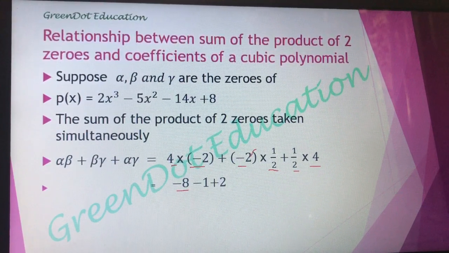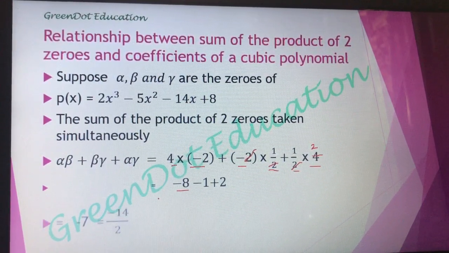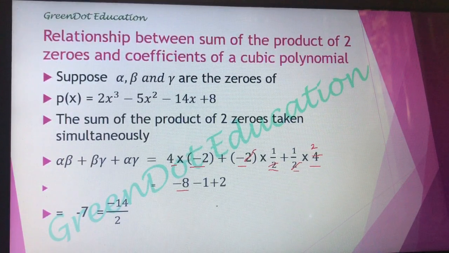Here -2 and 2 cancel out, so we get -1, and here 2 cancels 4 with 2, and hence we get 2. So -8 and -1 give us -9, and when we add 2 to it, we get -7. This -7 can also be written as -14 divided by 2.